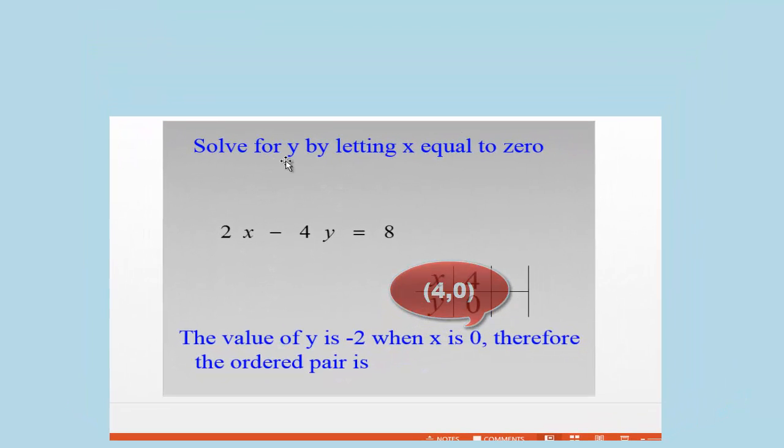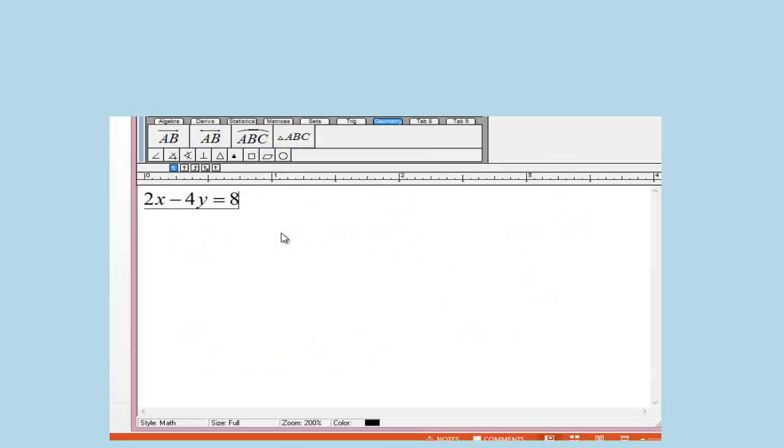Next, solve for y by letting x equal to 0. Since x is 0, replace x with 0. So that will be 2 times 0 minus 4y equals 8. Since 2 times 0 is 0, just copy negative 4y equals 8.